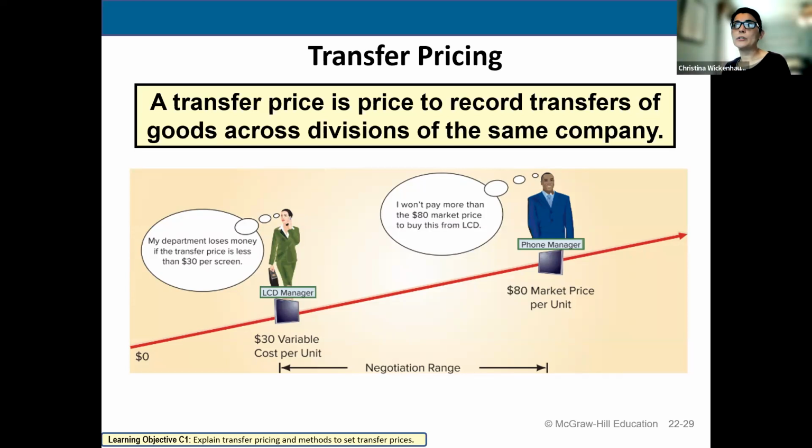When you transfer it to another department, you need to at least cover your costs, and sometimes you may end up creating a little bit of profit. But there's always a bottom level. Like, I can't sell this to this other guy, even though he's in our company, for anything less than $30, because that's how much cost I have in it.